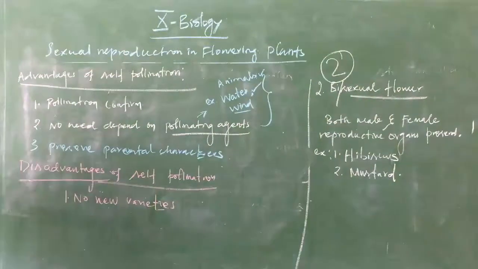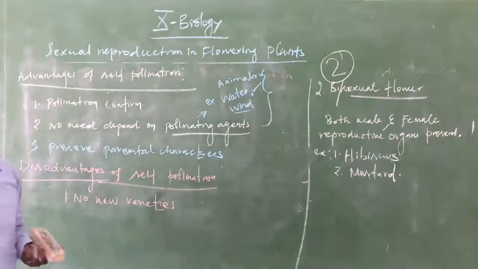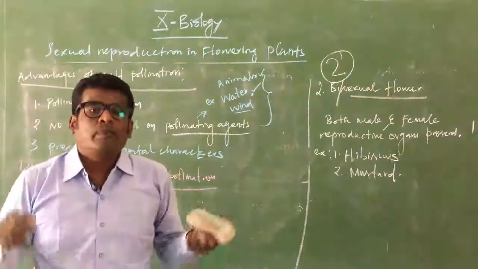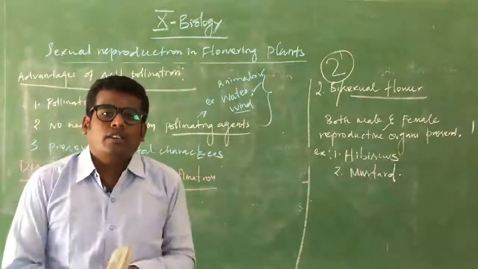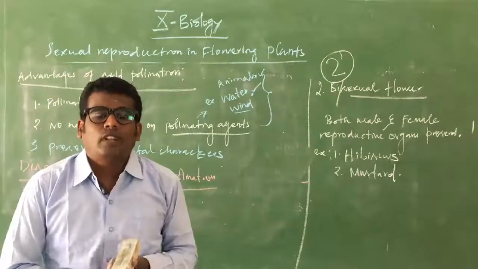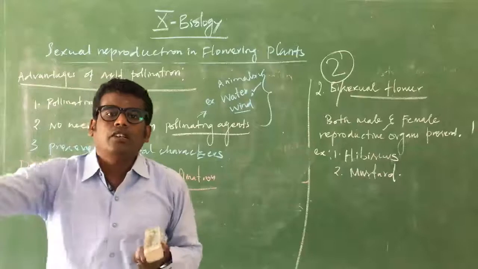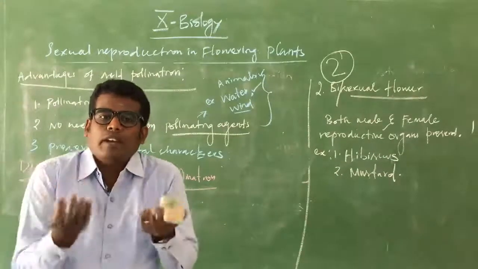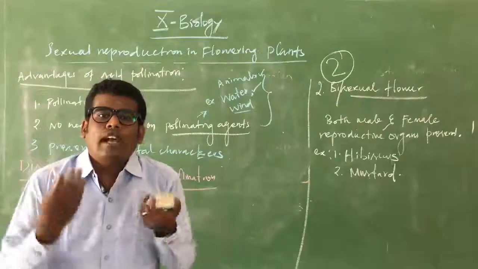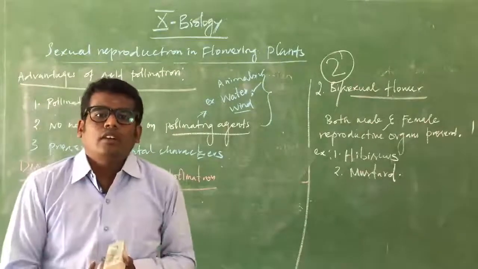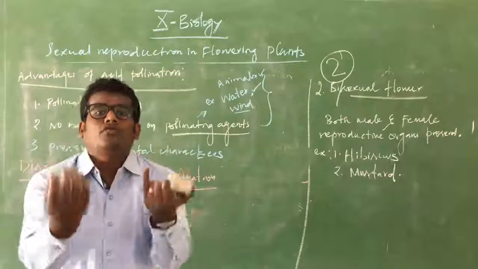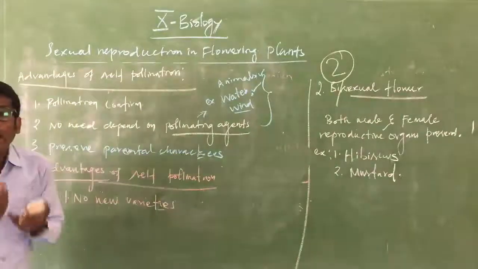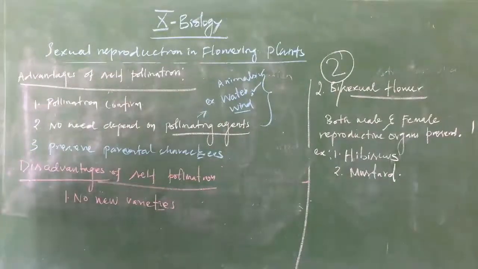New characteristic organisms are not possible. Why? Because here the parents are similar, the same, not different parents. The same characters only will transfer to the offspring, so there is no chance for variation.